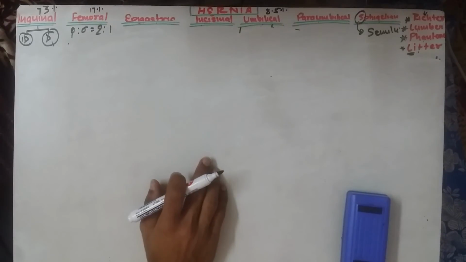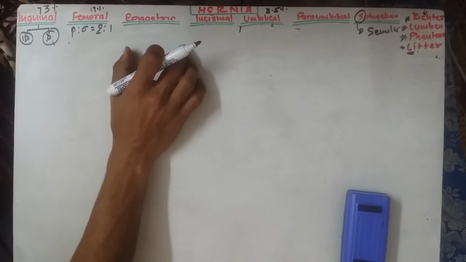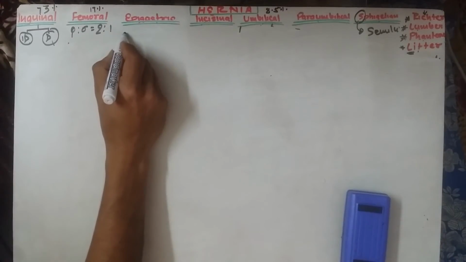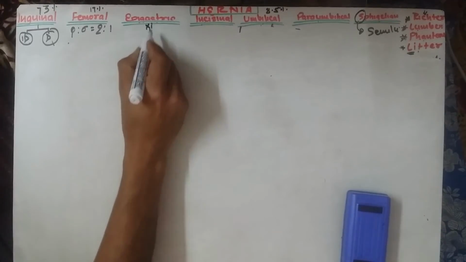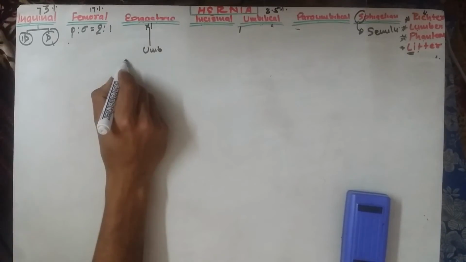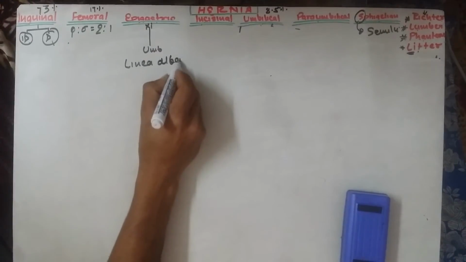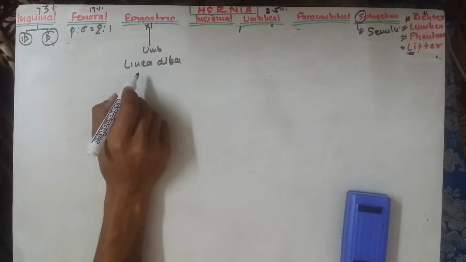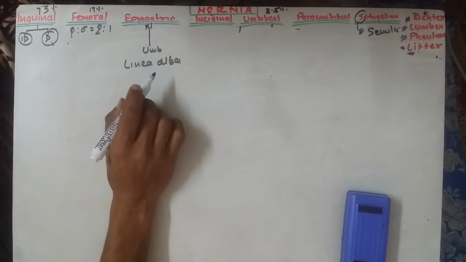It will cause protrusion of the viscous organ out, and usually it is present in the midline from the xiphoid process to the umbilicus. Okay, and it is due to the defect in linea alba. If there is a defect in the decussation of the fibers of the linea alba, that will cause this.